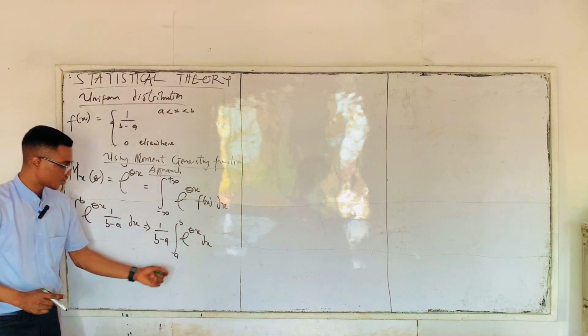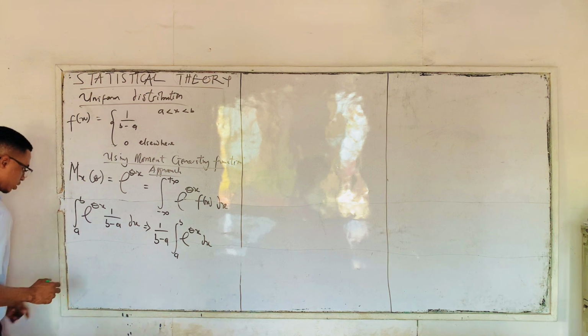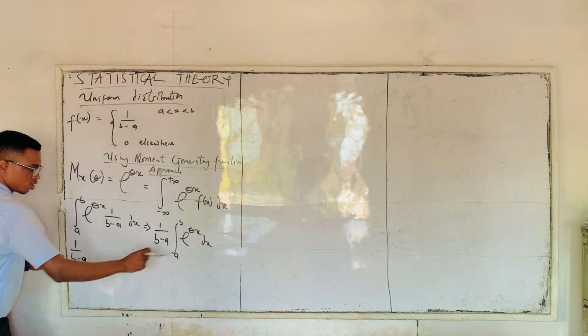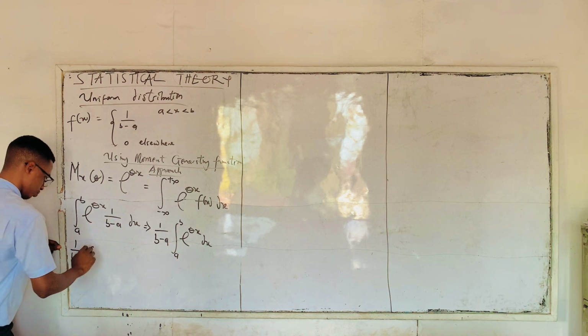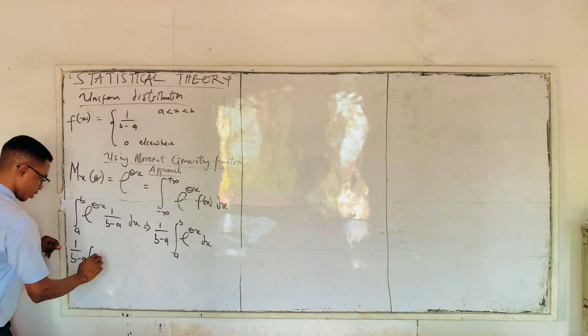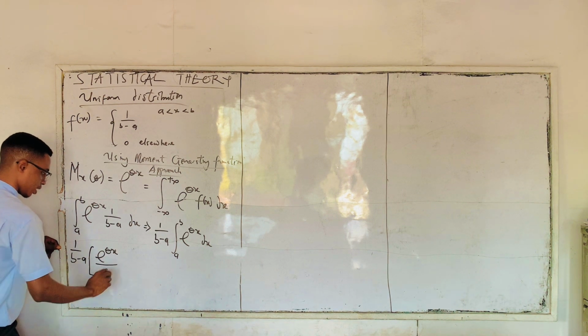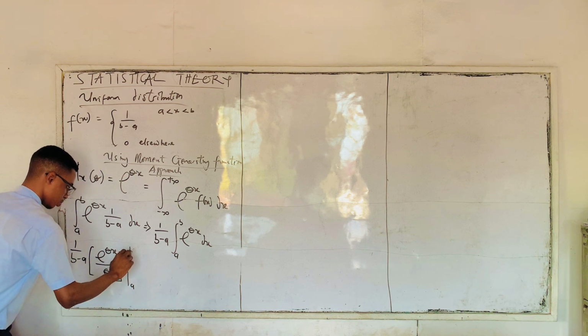Now we need to integrate the exponential theta x. Now we have 1 over b minus a. If we integrate exponential theta x, we have exponential theta x over theta, which ranges from a to b.